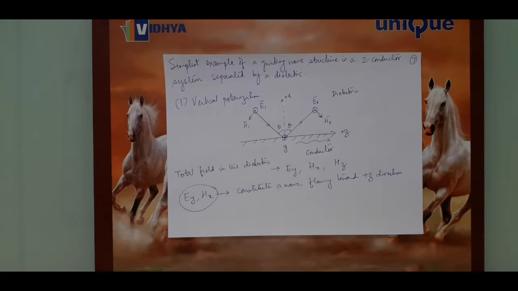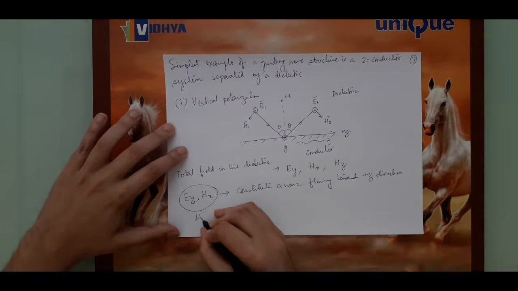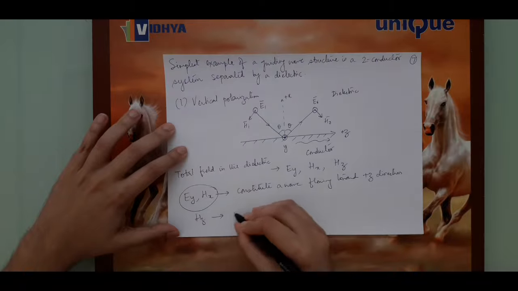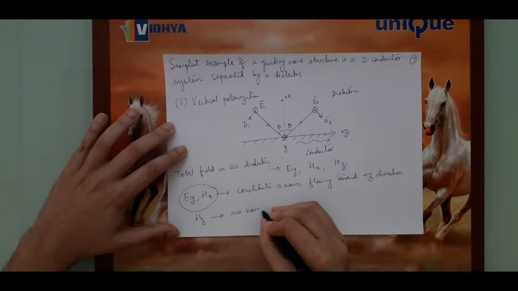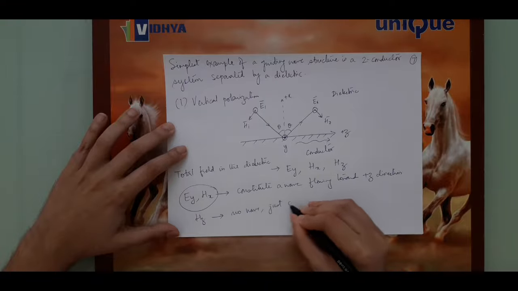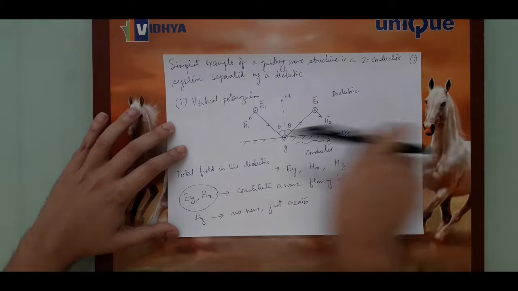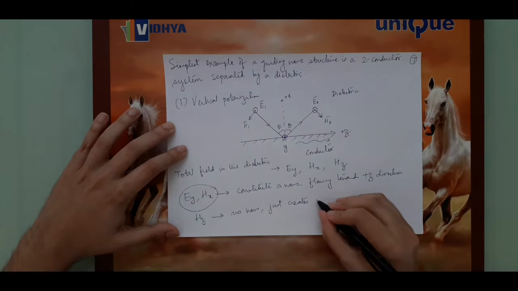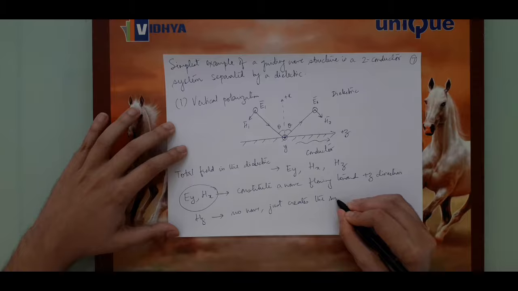And HZ does nothing, no wave. What does it create? HZ is the tangential field, so it creates the surface current.